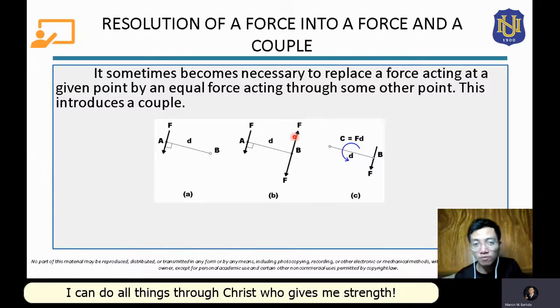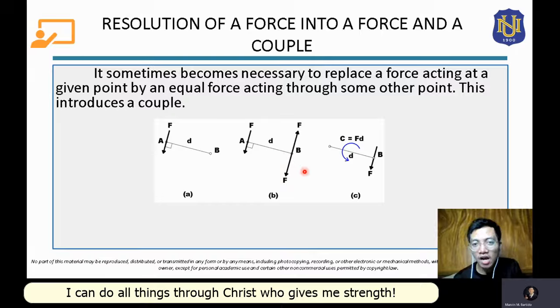So that's our rule. If we want to transfer our force F to point B, we have to add a force that is equal in magnitude, opposite in direction, and collinear, so that the system will not be changed.